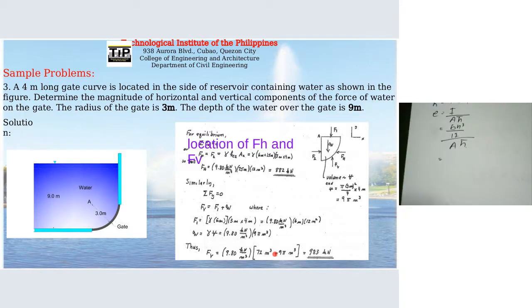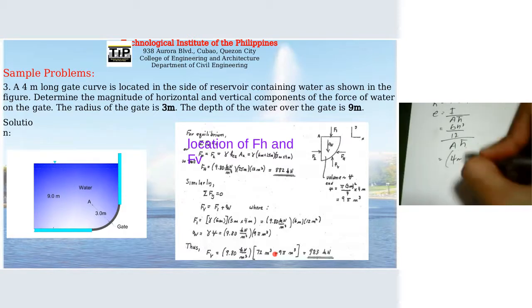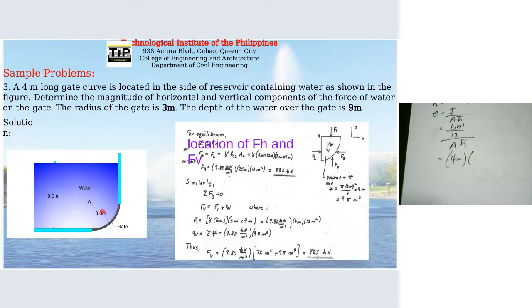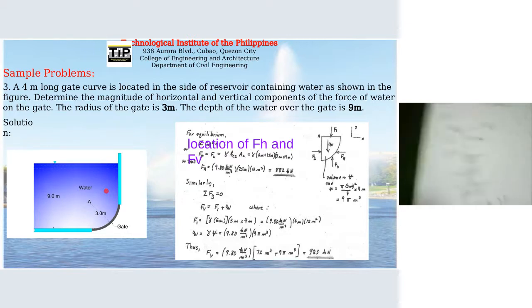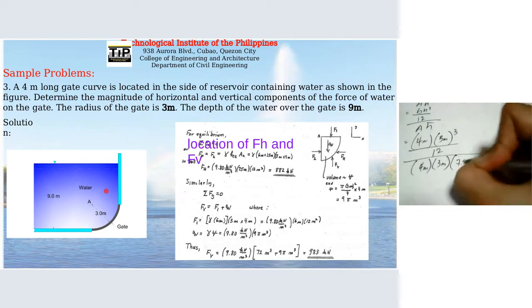So this will become 4 meters, that's the base, times height, so height is 3 cube over 12 over the area, so it's rectangular, therefore length times width, 4 times 3, and then times h bar, which is 7.5.